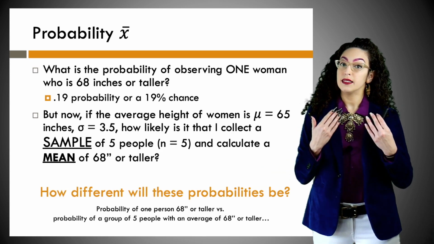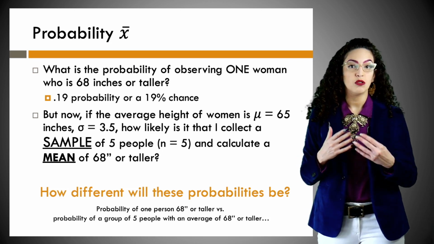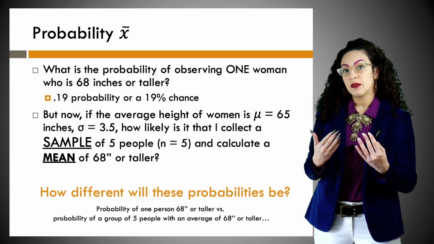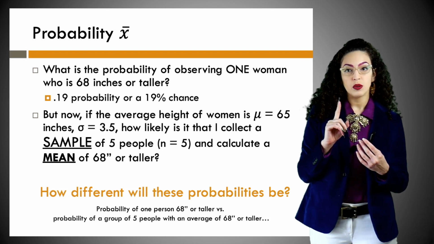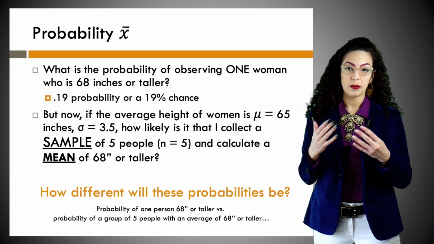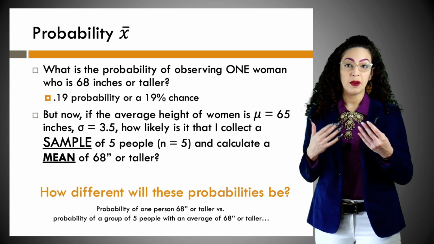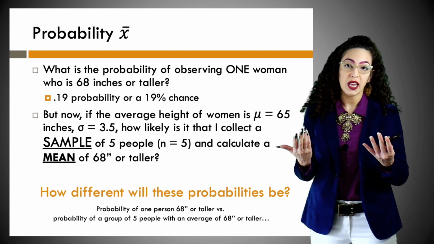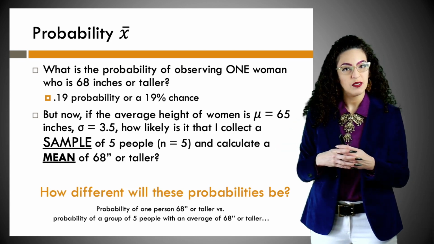So now let's again step back and just think about things realistically. What is the probability of observing one woman who is 68 inches or taller? It's about 5'8". We now know that it's about a 19% chance. Pretty likely, right, to see one woman that's kind of tall.